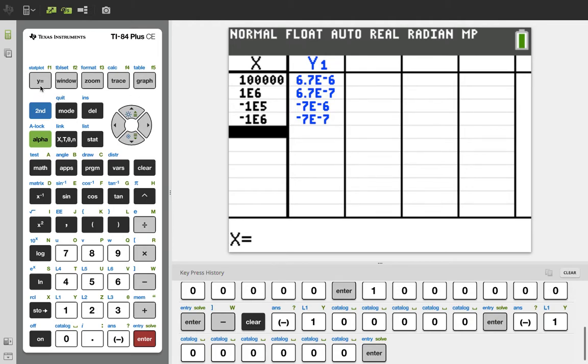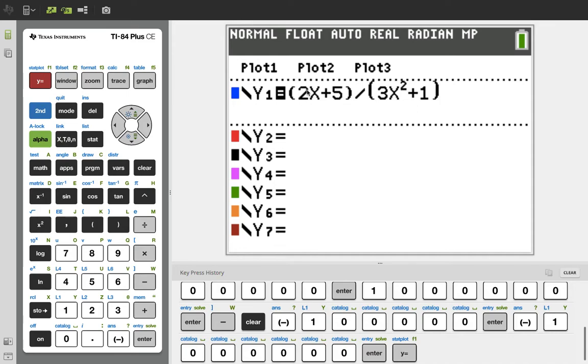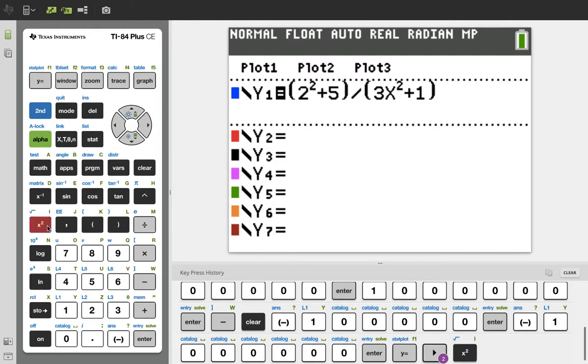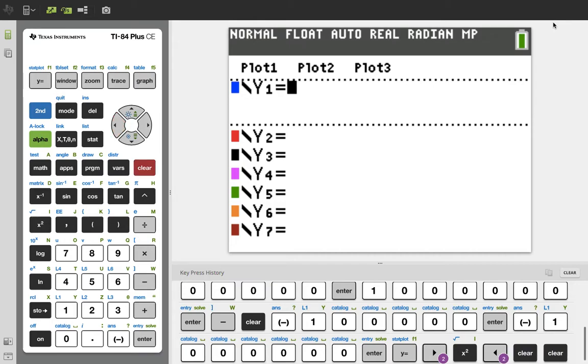Okay, I'm going to go back to y equals, and the only difference between the first and the second equation was that in the second one, the numerator had an x squared. That didn't work out the way I wanted it to. Oops. All right. So let me just retype it in.